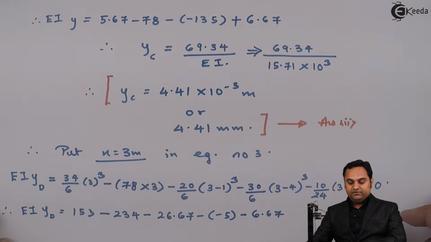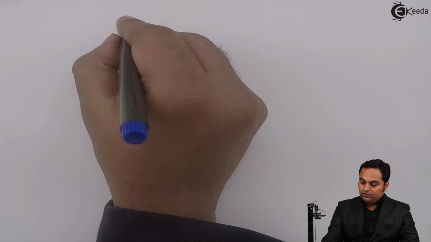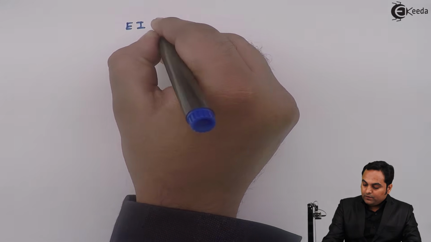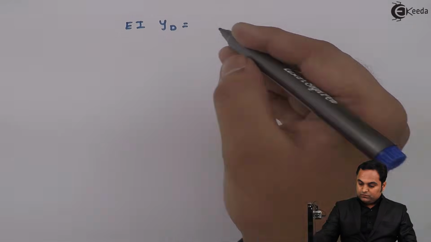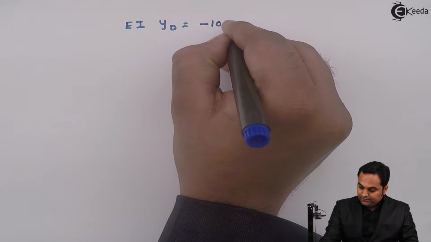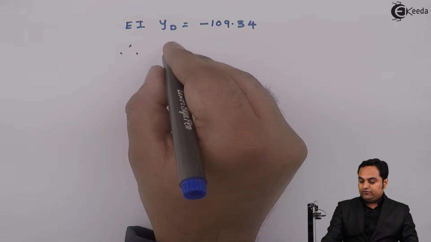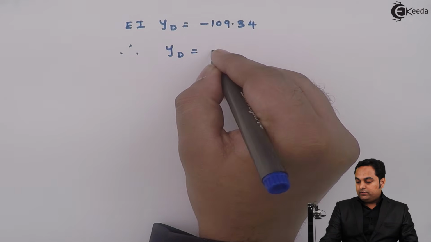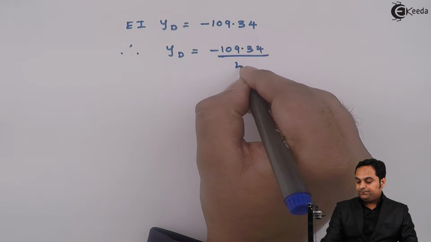Now on simplifying this, I'll get the answer as EI y suffix d is equal to minus 109.34. Therefore, here I'll keep this as it is, shifting EI.